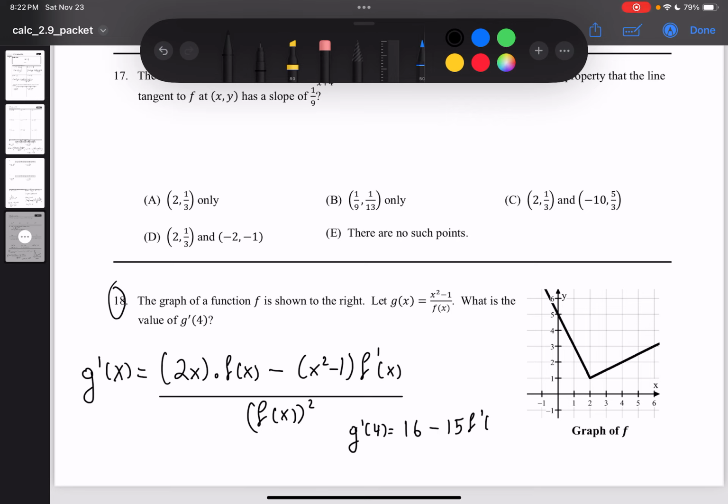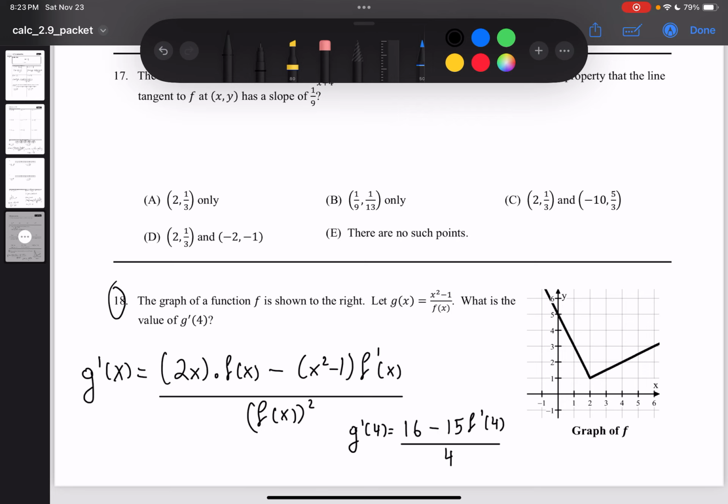F prime of 4 over f of x, all of it to the power of 2. Now, f of x, all of it to the power of 2, we're talking about f of 4 to the power of 2. f of 4 to the power of 2 is going to be 2 to the power of 2, which is going to be 4.